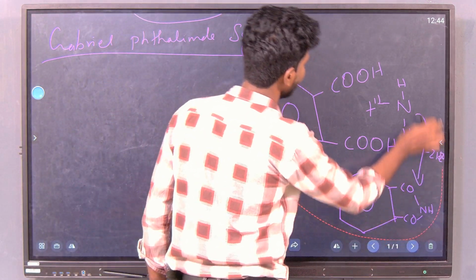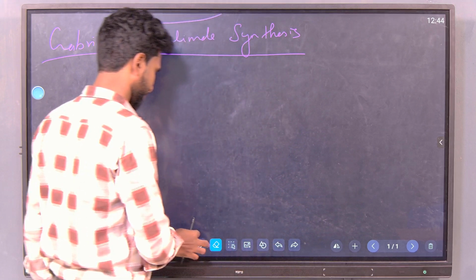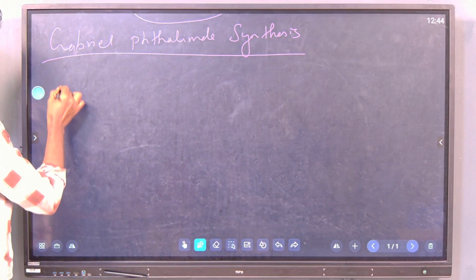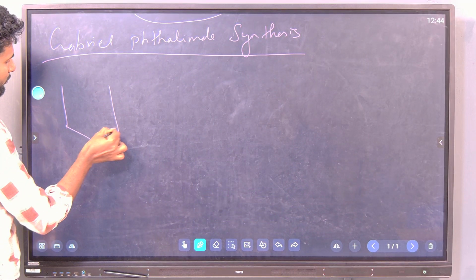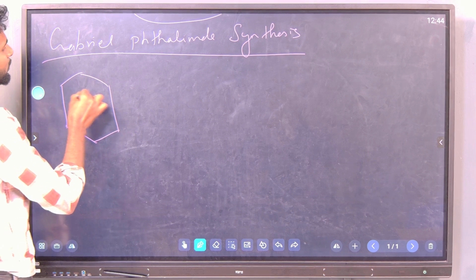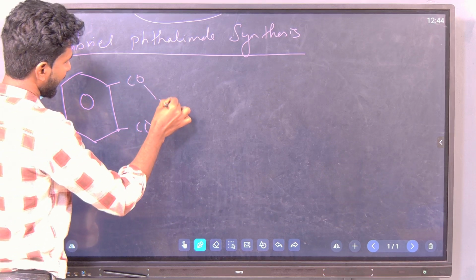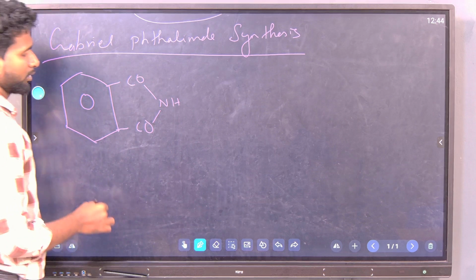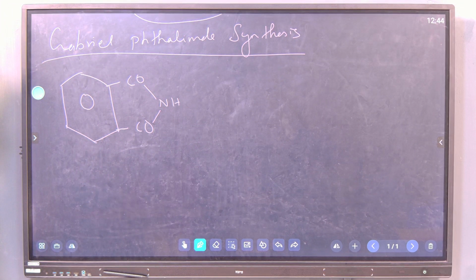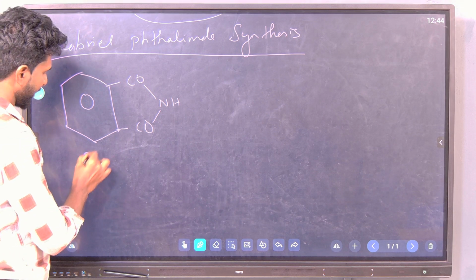It's only for the preparation of primary amine. So, phthalimide. What is the name of this compound? Phthalimide.